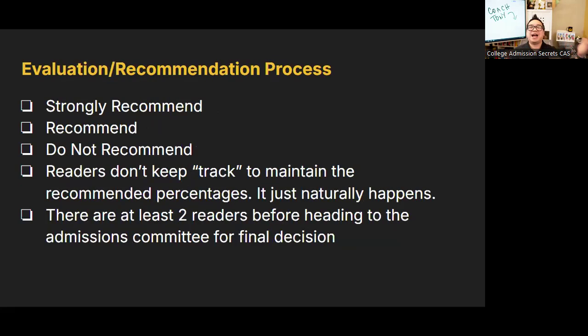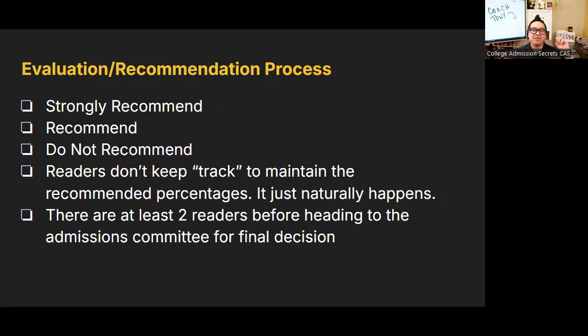Okay, so how the process works: once I finish the whole thing, there are 3 categories that you fall under: strongly recommend, recommend, do not recommend. Think of it as yes, maybe, no, is the best way to think about it. Readers don't keep track.